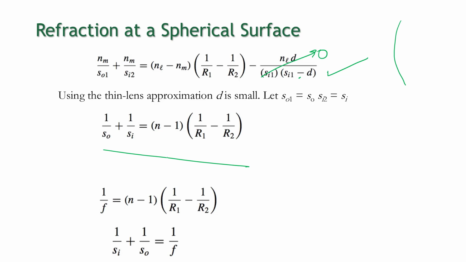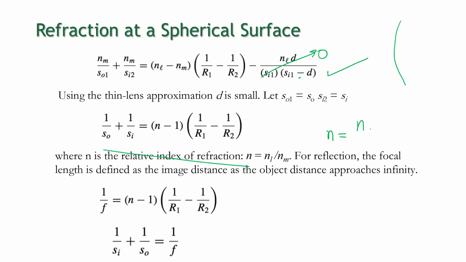So basically this n is the ratio of two refractive indices, NL over NM. So you divide both sides by NM.